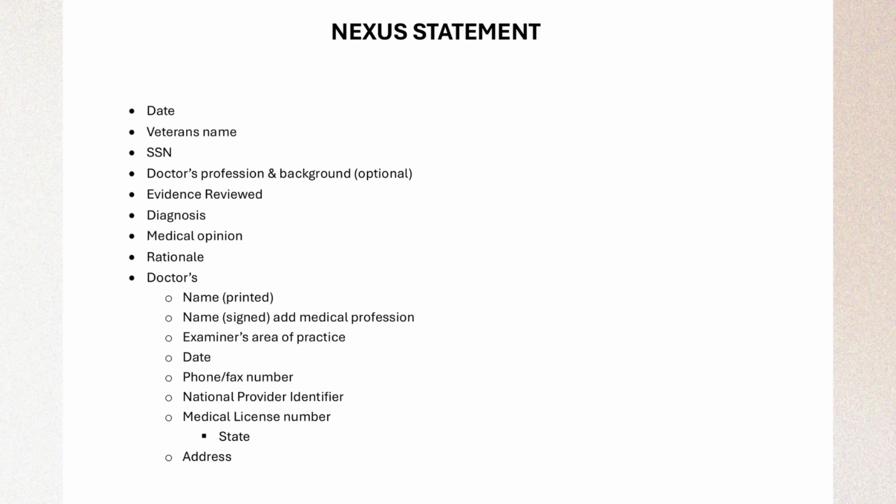Not only did they say it once, they said it twice in the Nexus statement. Okay, so don't think that that is overkill. Just be proactive. I know a lot of you are spending hundreds of dollars to get a DBQ and Nexus statement. Make sure that examiner is completing it correctly.